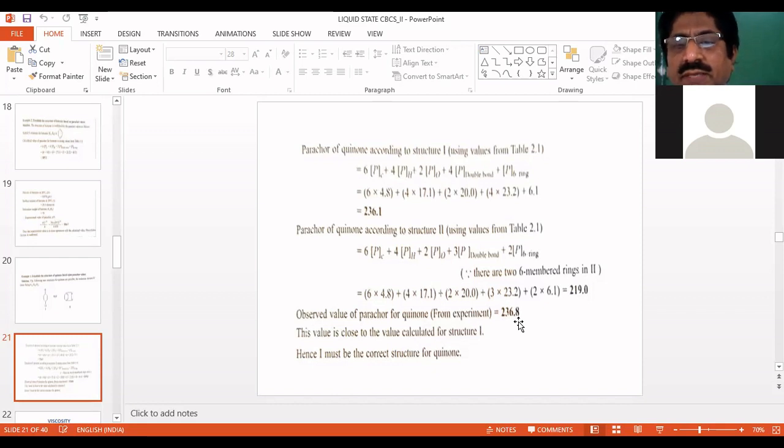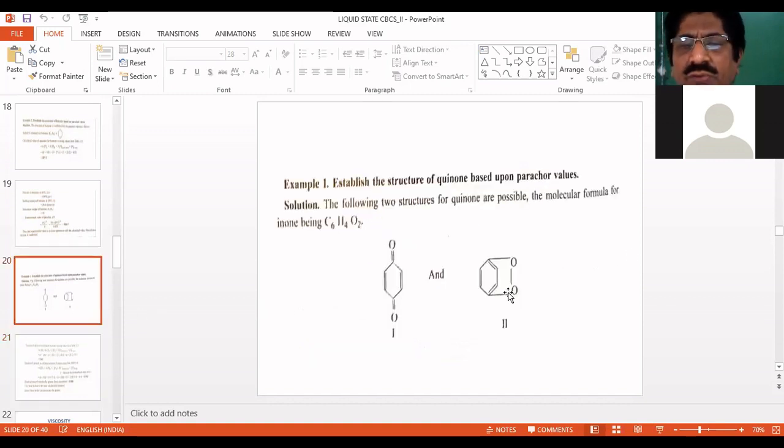Anyone can reply? Structure 1. Structure 1, very good. So, naturally, structure 2 is not the right structure for the quinone. This is the correct structure because the values are very close to each other, whereas for structure 2 there is a large difference in the values.